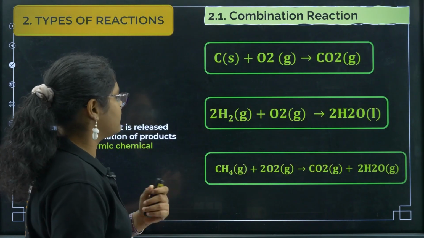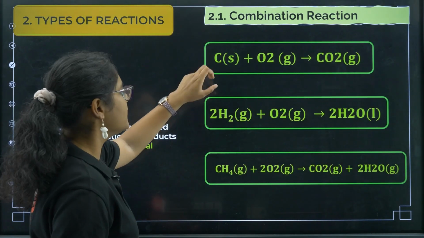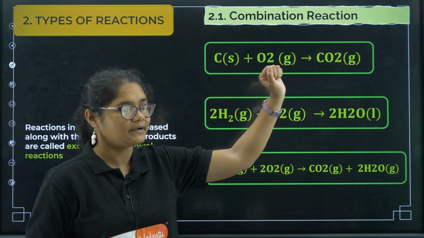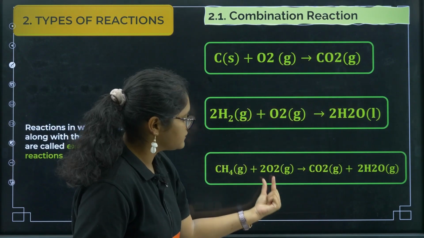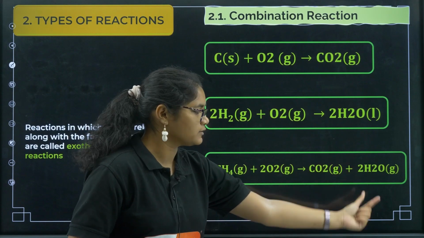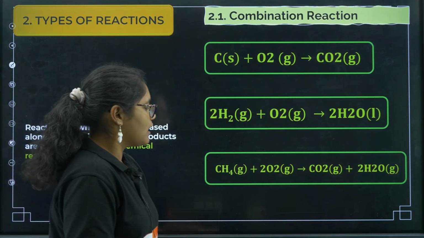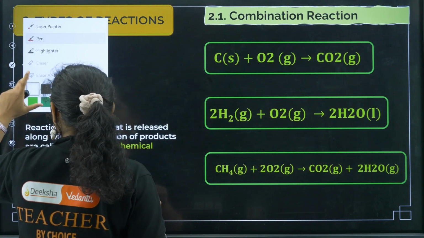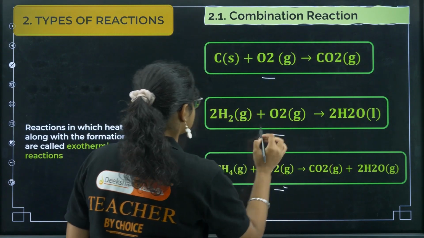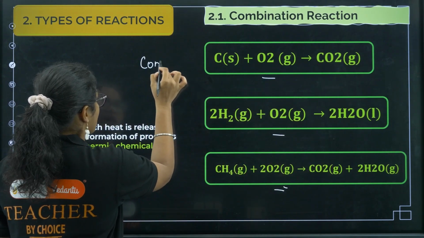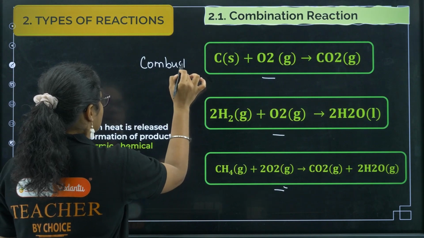Now let us see the examples here. You can see carbon plus oxygen giving you carbon dioxide, H2 plus O2 giving you water, CH4 plus 2O2 gives you carbon dioxide plus water. Now see here, whenever anything reacts with oxygen, these types of reactions are called combustion reactions.